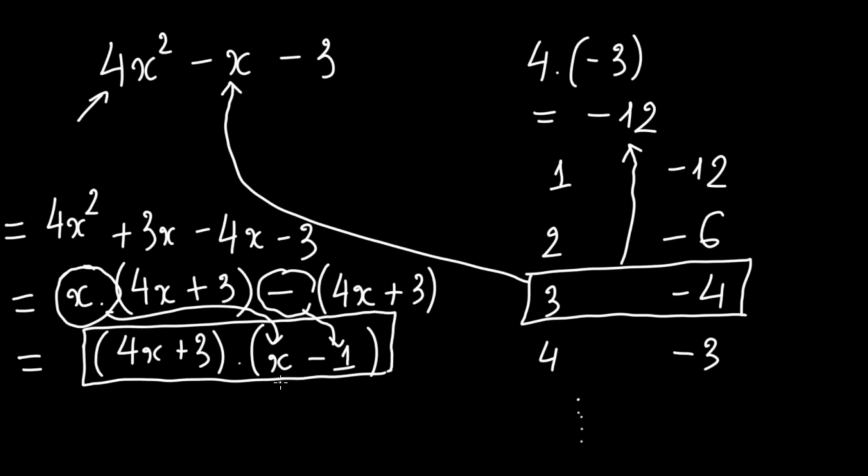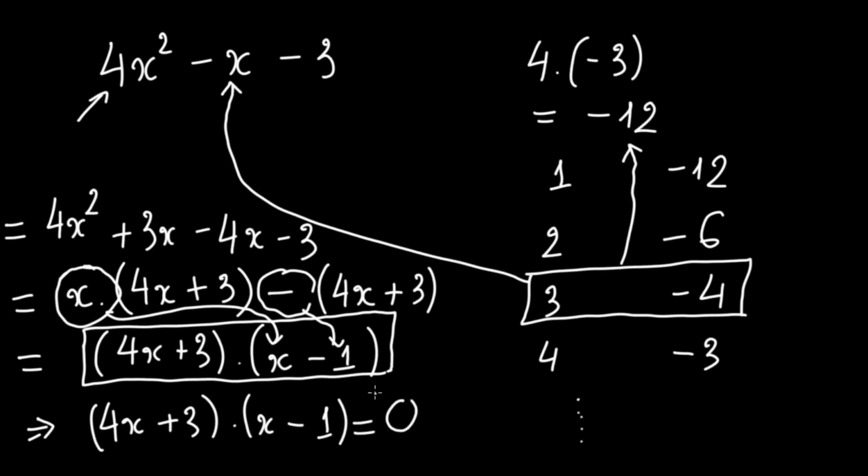And if the problem asks you to solve for x, you can set 4x plus 3 times x minus 1 equal 0, right? Let me erase the board first.